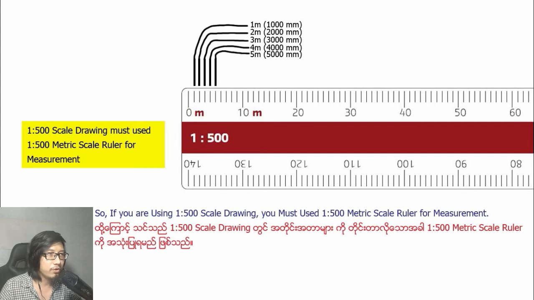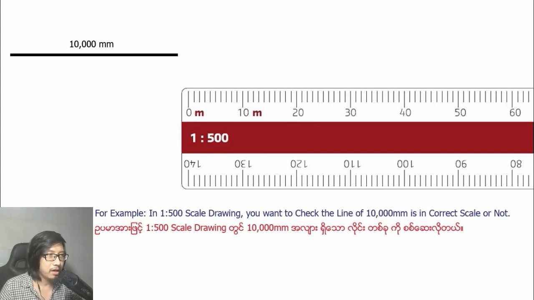So if you are using a 1 to 500 scale drawing, you must use a 1 to 500 metric scale ruler for measurement. For example, in a 1 to 500 scale drawing, you want to check whether the line of 10,000 millimeter is in the correct scale or not.